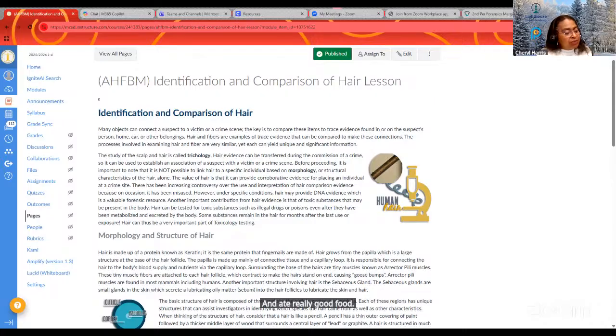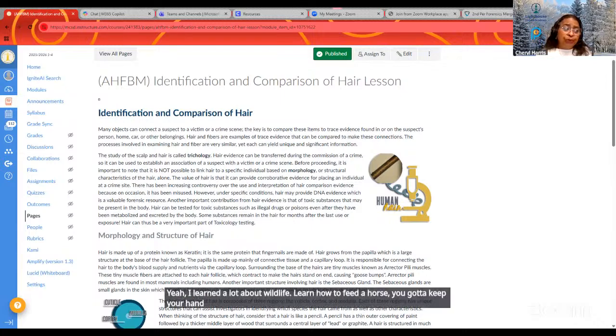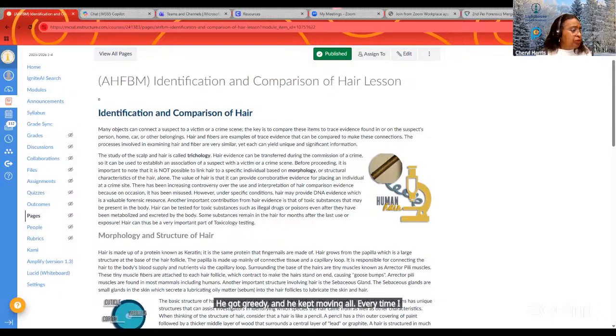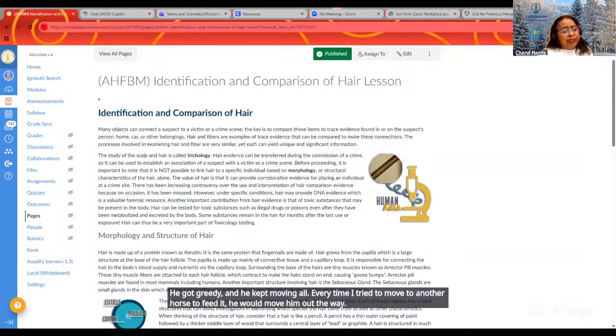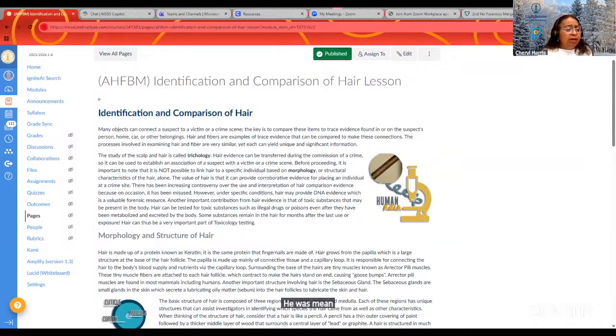That's good too. Yeah, I learned a lot about wildlife. Learn how to feed a horse. You got to keep your hand open. And this one horse that I was feeding got greedy and kept moving. Every time I tried to move to another horse to feed it, he would move him out the way. He was mean.